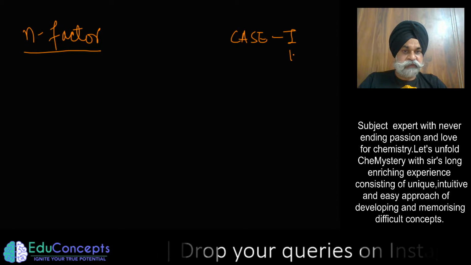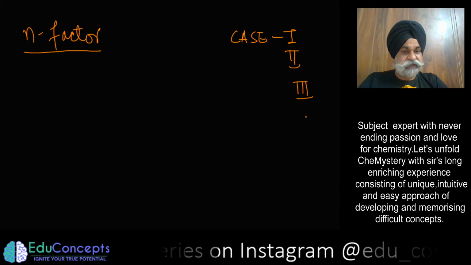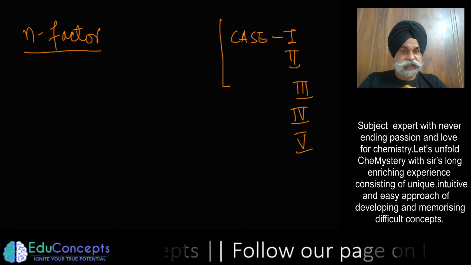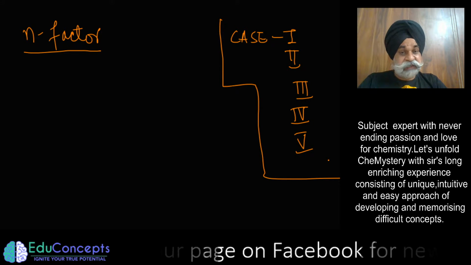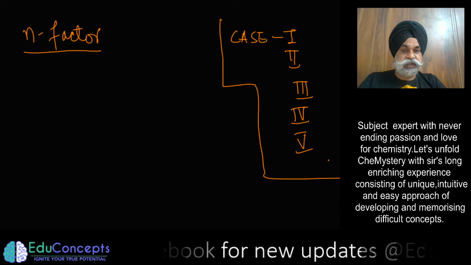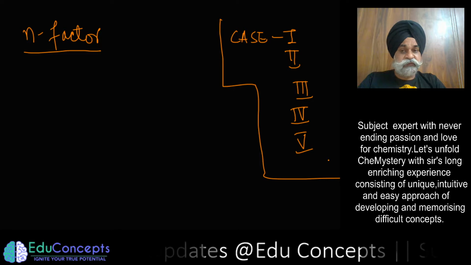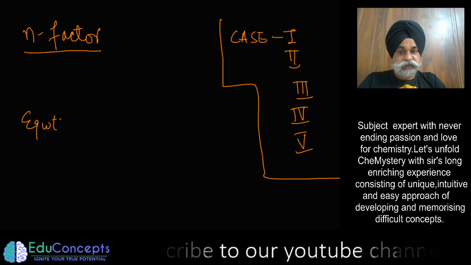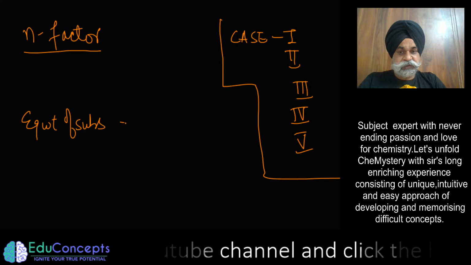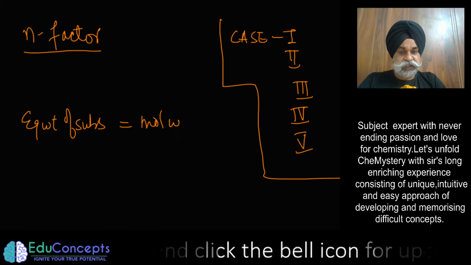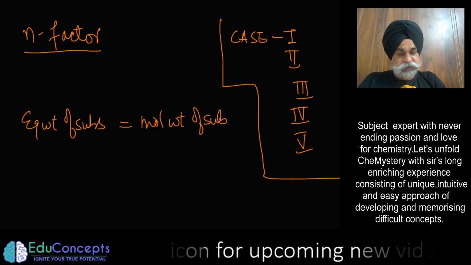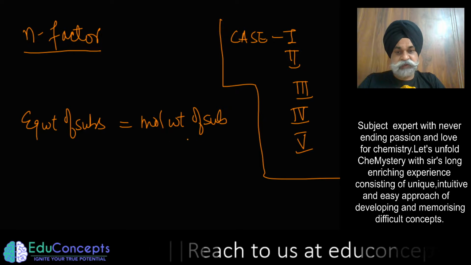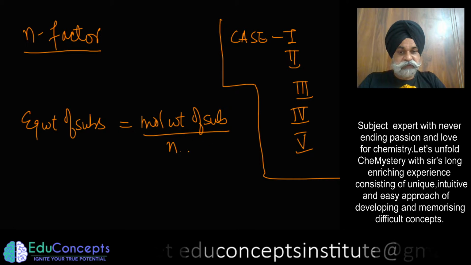So we already have dealt with these 3 4 5 cases, where a given substance acts as an oxidizing or reducing agent or both, and how to find its n factor. Why do we require n factor? To find out the equivalent weight of a substance. Equivalent weight of a substance is the molecular weight of that substance when behaving like an oxidizing agent or reducing agent or an acid or a base, whatever it is, divided by its n factor.